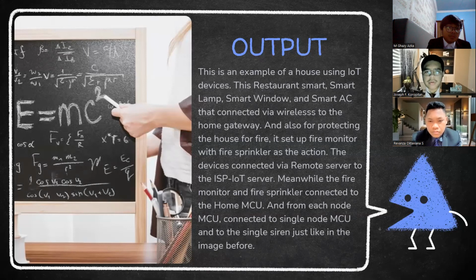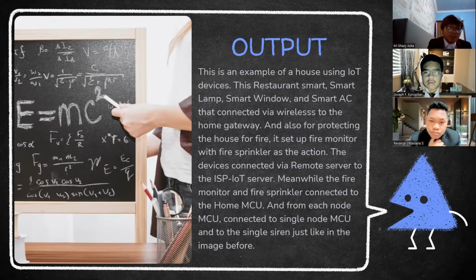For protecting the restaurant from fire, we use a fire monitor with a fire sprinkler as the action. And for the device, to connect via remote server to the ISP IoT server.